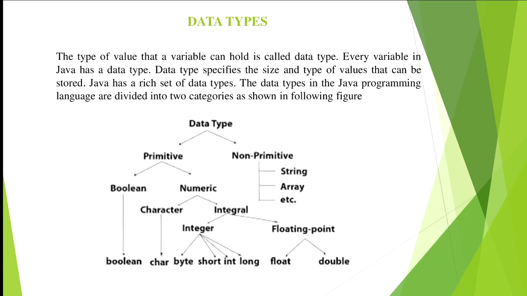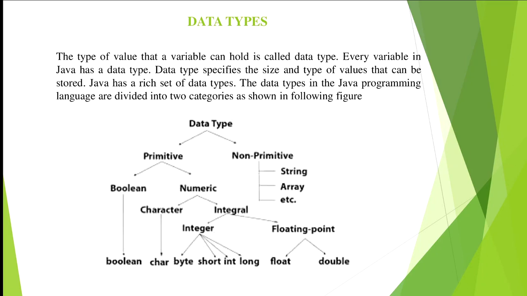Now we learn about the various data types in Java language. You know, Java has a rich set of data types similar to the C and C++ language with a little bit of difference.